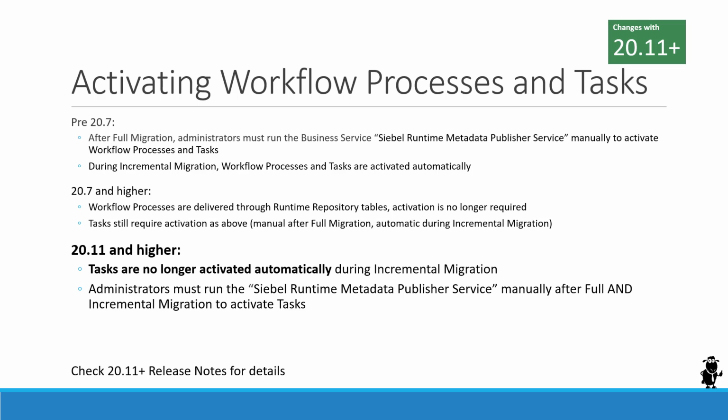As such, the metadata publisher service no longer covered workflow processes, it only covered the tasks, which are still in a sense not managed by workspaces and activated in the traditional way. And with 20.7 and higher, the only change was that now the manual run for that business service or the automatic run only concerned the tasks.